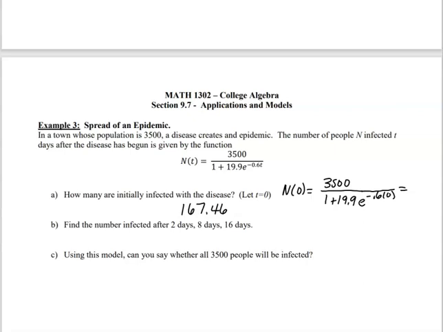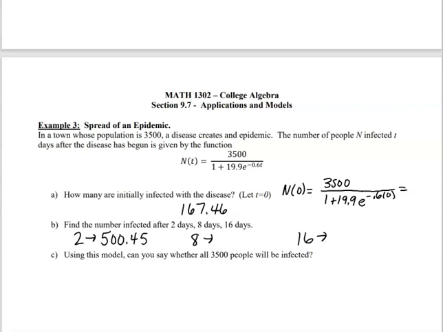So the next question says, what's going to happen at 2 days? What's going to happen at 8 days and 16 days? So we're going to change that 0 from 0 to 2, then to 8, and then to 16. So at 2 days, and depending again if they want you to round up or down, I'm getting about 500.45.